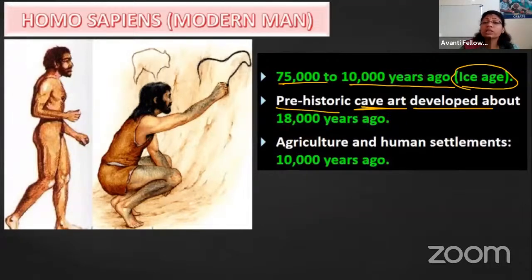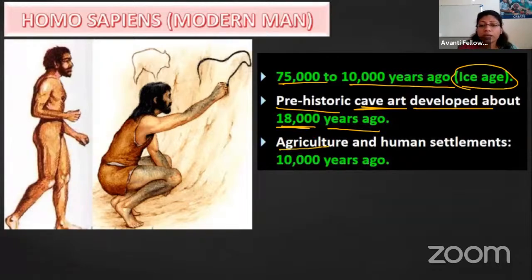The prehistoric cave art was found to be 18,000 years old. We are the ones who got settled. Initially, all the species we studied earlier were roaming from one place to another in search of food and for rearing cattle. But we are the ones who got settled and started agriculture.